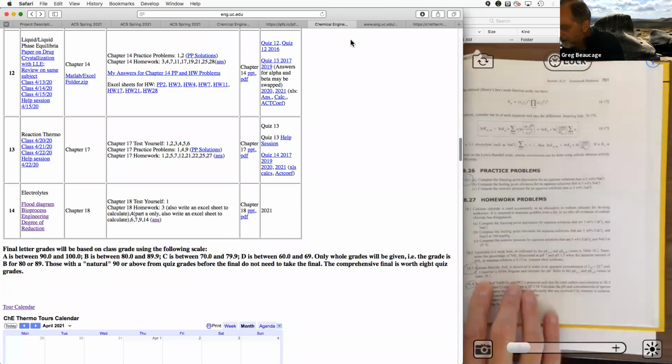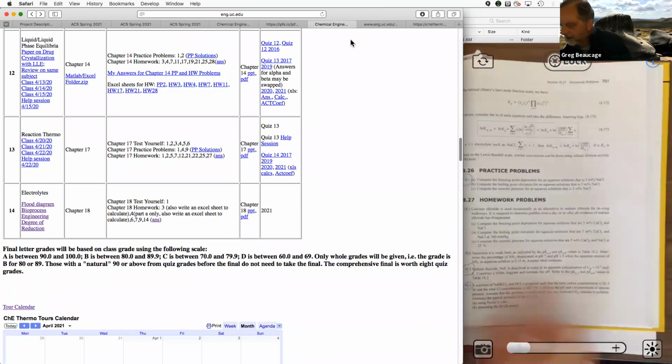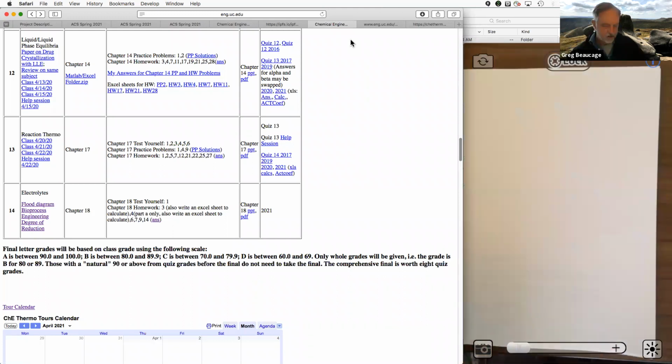Table 18.2 gives you the Ka for that. So you need to construct a Sillén diagram. I want you to do this 2 ways though. It says homework 3, also write an Excel sheet to do the calculation. So you can solve this graphically and you can solve it numerically.